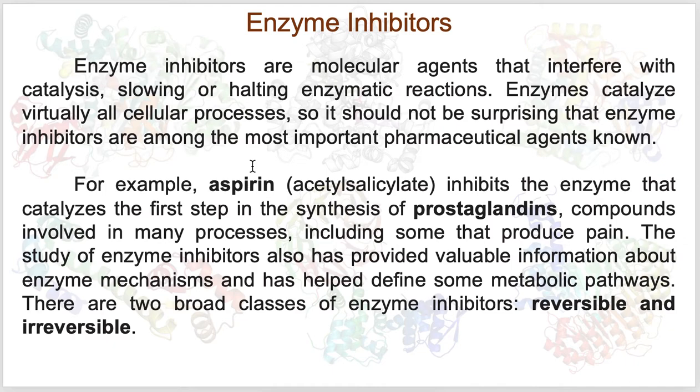For example, aspirin is a famous drug which is used as a painkiller. What aspirin does is actually act as an inhibitor. It inhibits the enzyme that catalyzes the first step in the synthesis of prostaglandins, and these prostaglandins are involved in many processes, including some that produce pain.